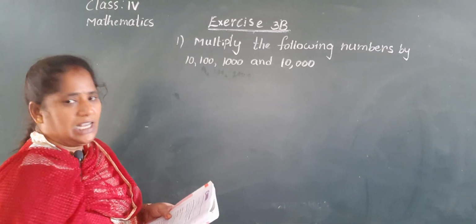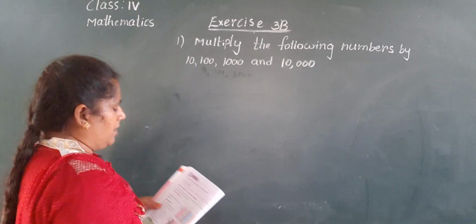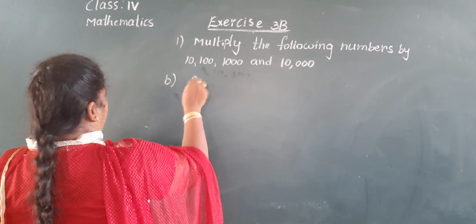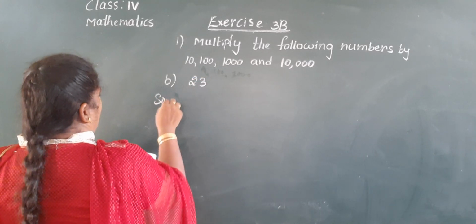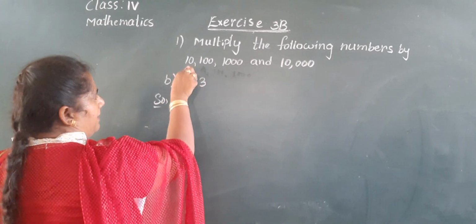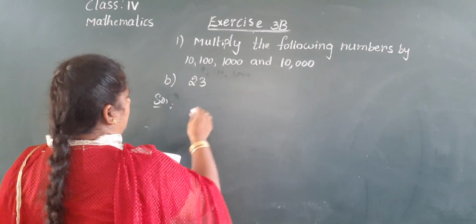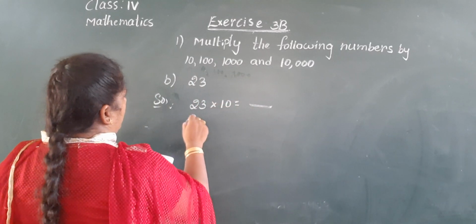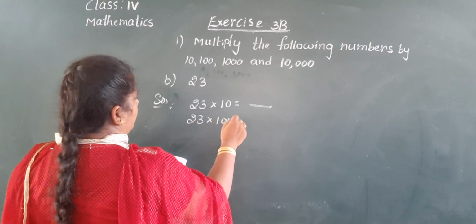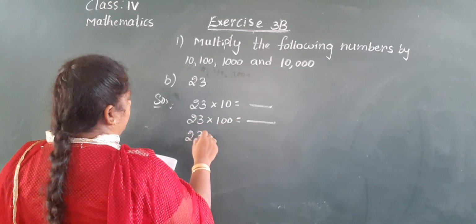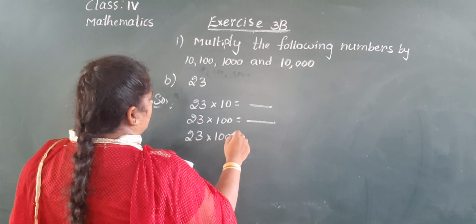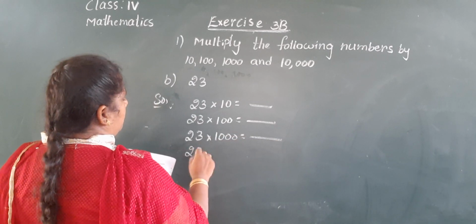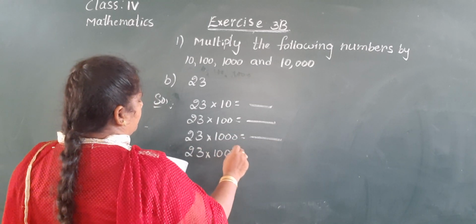The first one, A, you can do yourself. It's a very simple problem. So I will explain 23. Now we have to multiply this number by 10, 100, 1000 and 10,000. Write down 23 into 10, 23 into 100, 23 into 1000, 23 into 10,000.